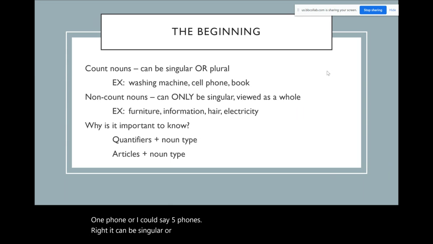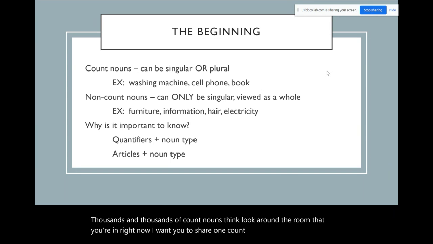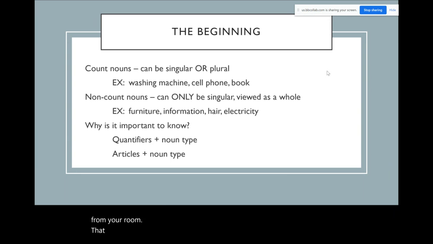We have thousands and thousands of count nouns. Look around the room you're in right now and share one count noun with me, something from your room. A pencil. A chair. A lamp. An eraser.